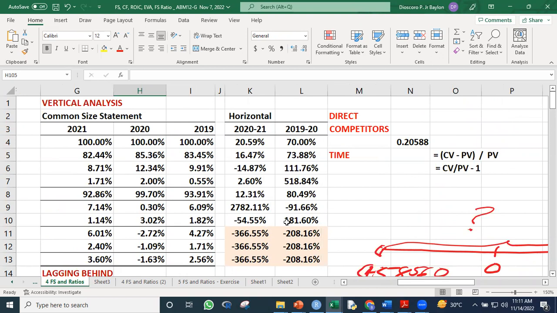And then we said that when we look at financial statements and their ratios, we do not just evaluate a particular value, whatever ratio it is. It's always benchmarked against direct competitors and benchmarked against time.